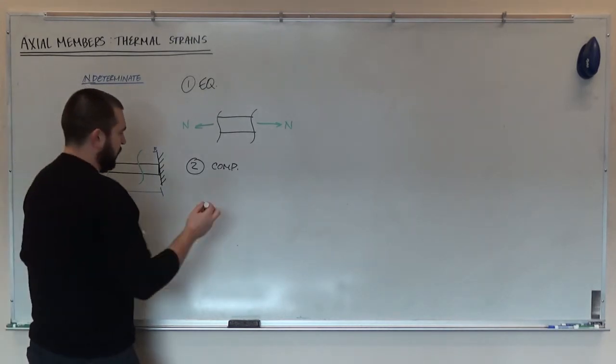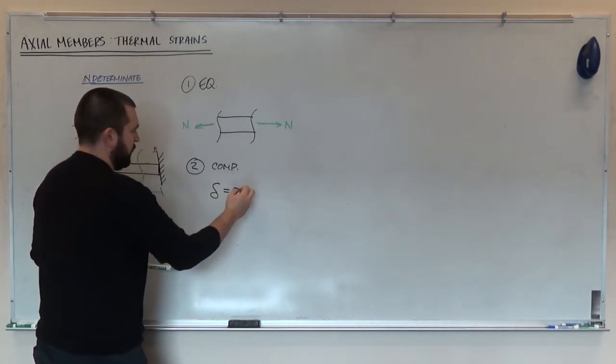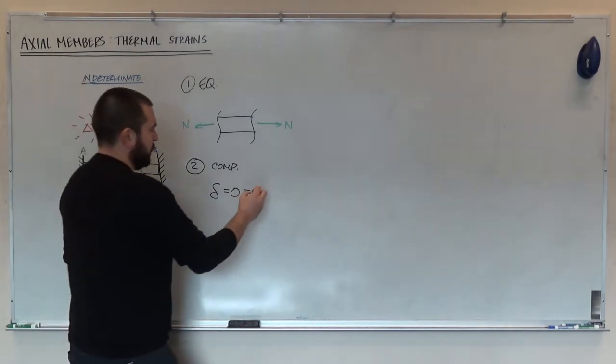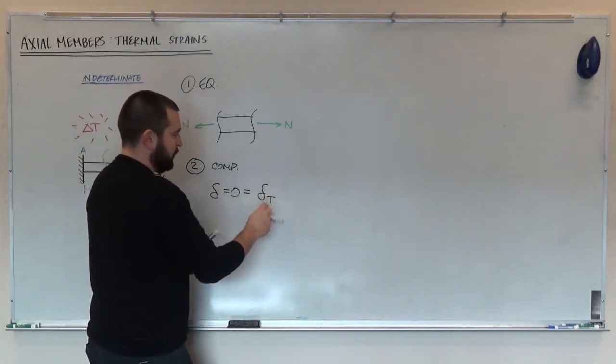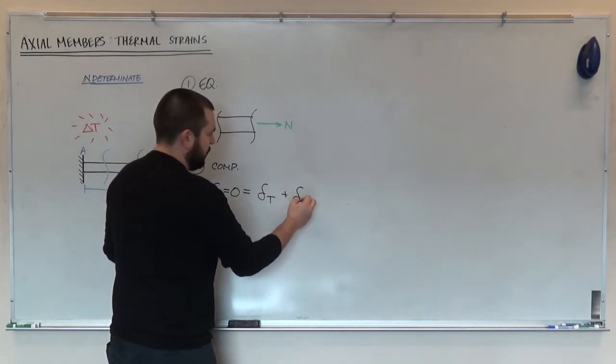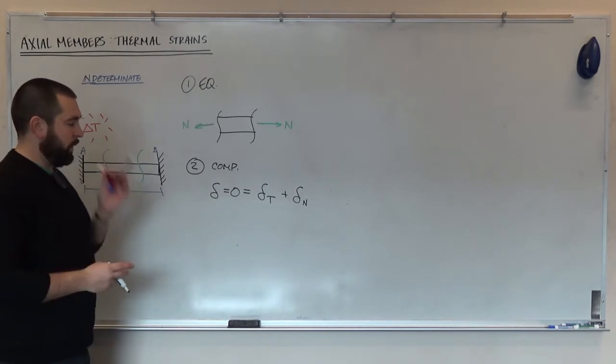And so another way to write that, we know that delta equals 0, but we also know that the change in length of a column is equal to the change in length due to the temperature plus the change in length due to the internal normal force or some sort of loading.